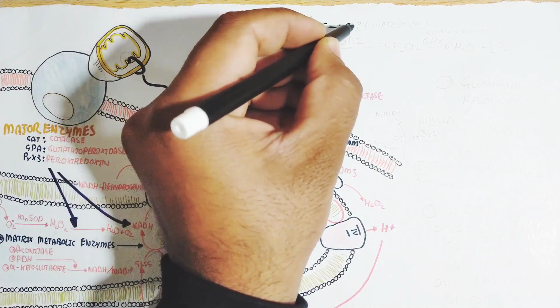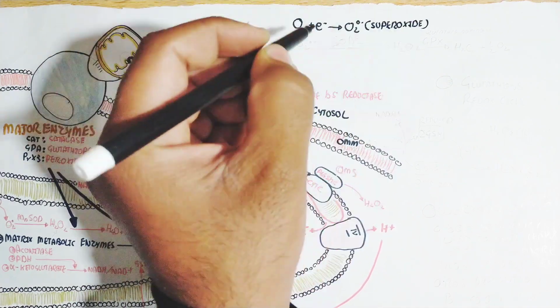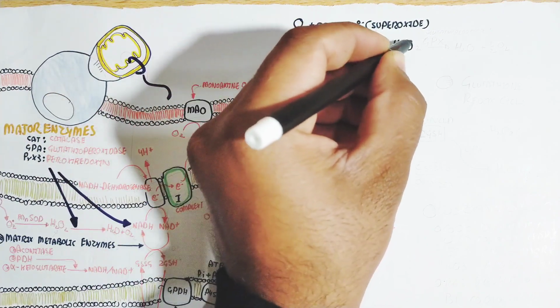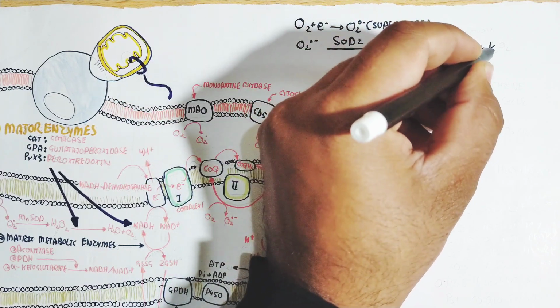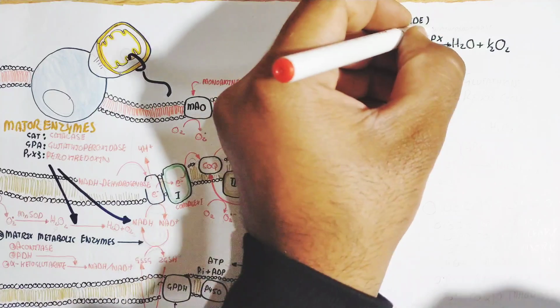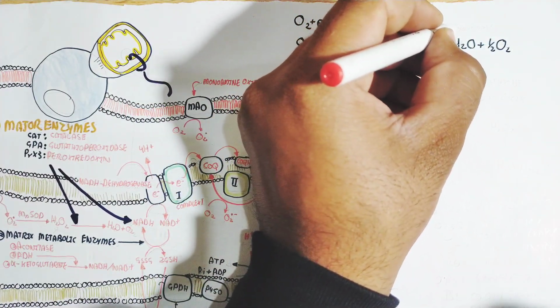When oxygen accepts the electron from the mitochondria, it becomes superoxide, the free radical. The superoxide dismutase enzyme converts it into hydrogen peroxide, and the glutathione peroxidase enzyme converts it into water and oxygen in the mitochondria.